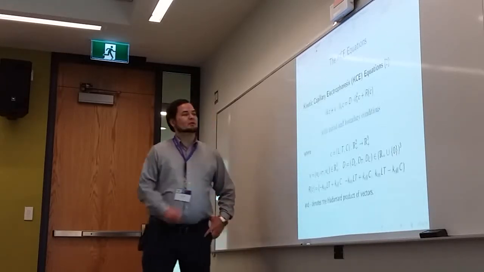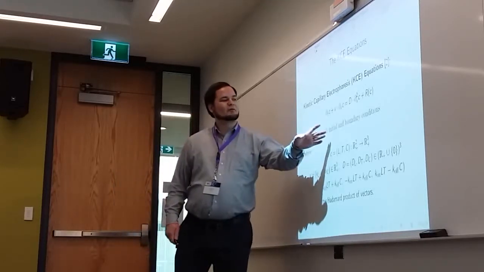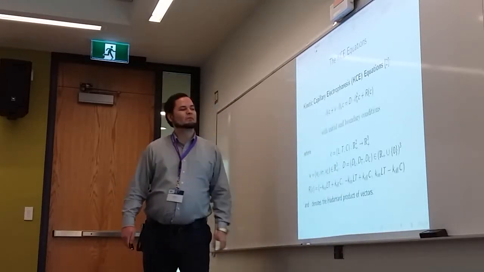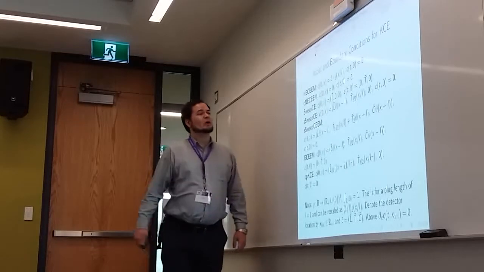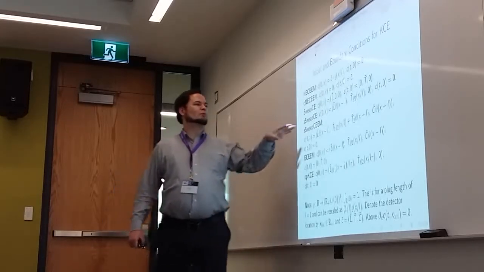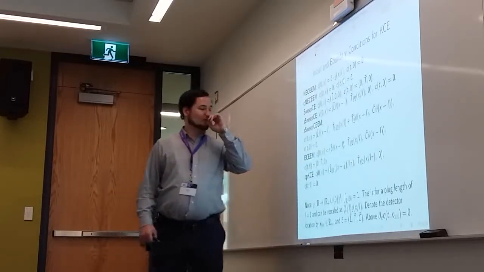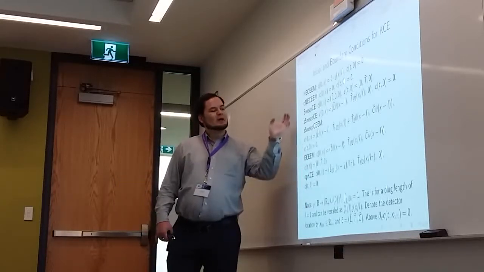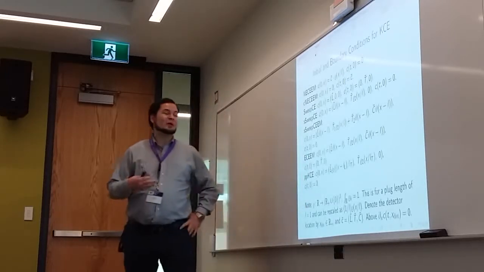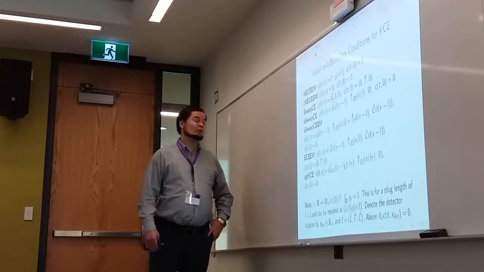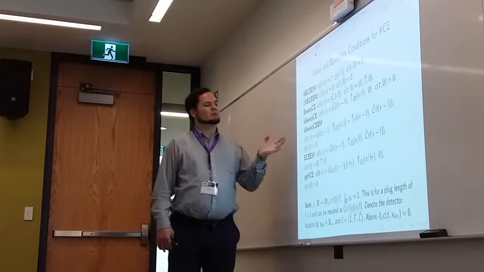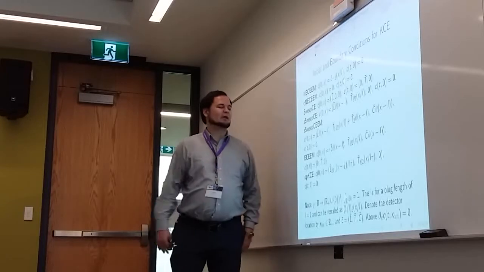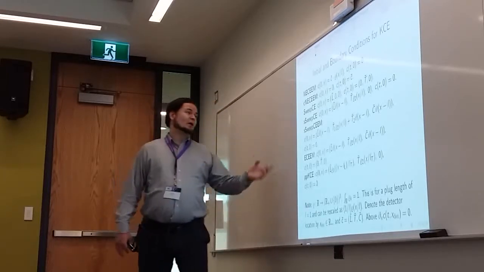And in order to ensure existence and uniqueness of solutions, we need initial and boundary conditions. So we have all kinds of cases, and these are not all possible cases, but these are ones that are experimentally relevant and that have been studied and actually carried out in our lab.